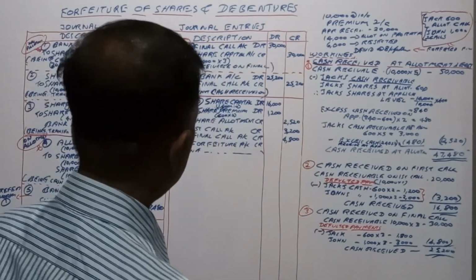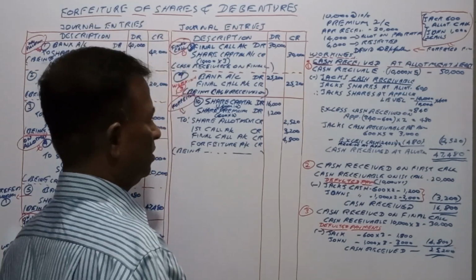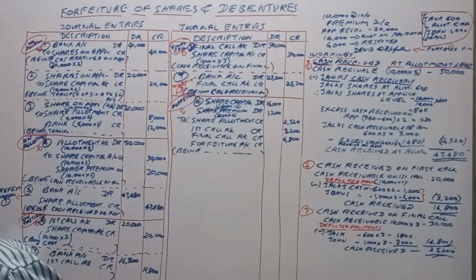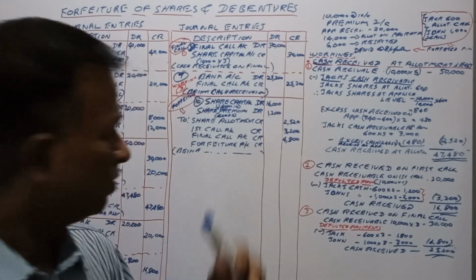Then how much is the forfeited account? What is the profit on forfeiture? That is 16,000 plus 1,200. From this, we have to deduct 2,520 plus 3,200 plus 4,800.